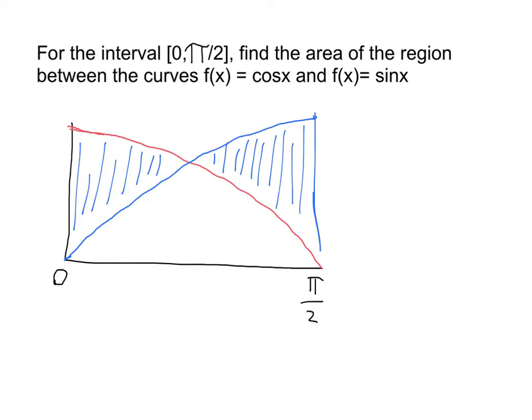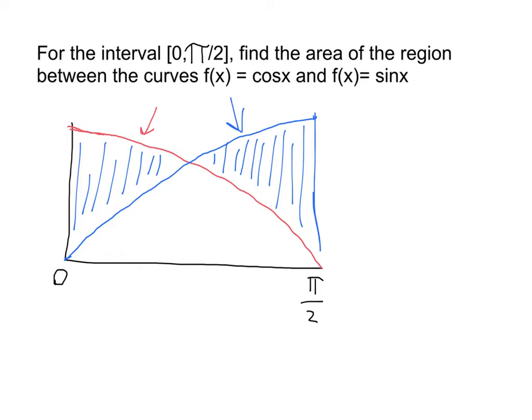Generally, we find the area between two regions by doing the top curve minus the bottom curve. But on this problem, you'll notice that the top curve on this side is the cosine curve, but the top curve on this side is the sine curve. And that means we're going to have to do either two integrals here, or because it's symmetric, we could do one side and then double it.